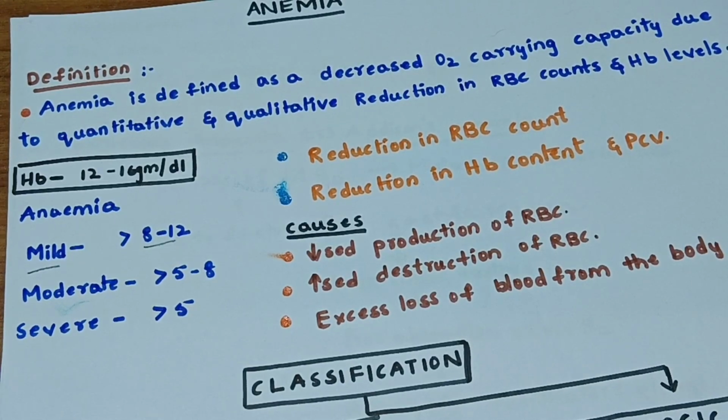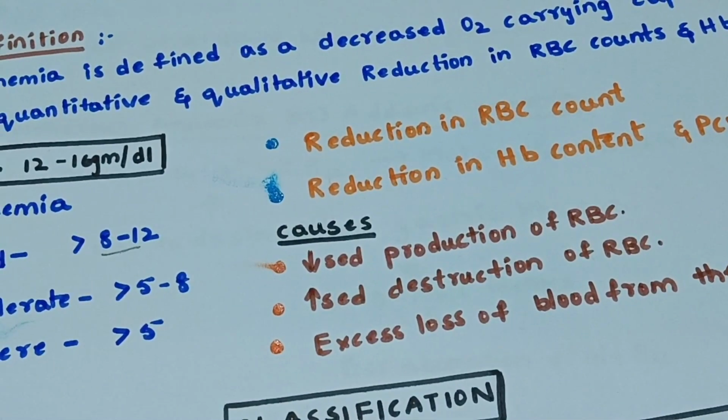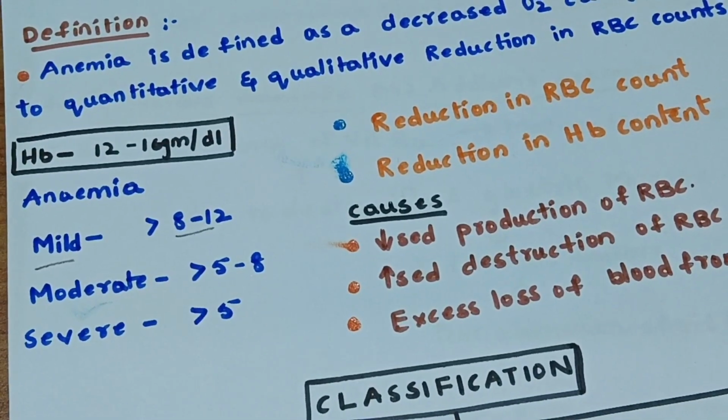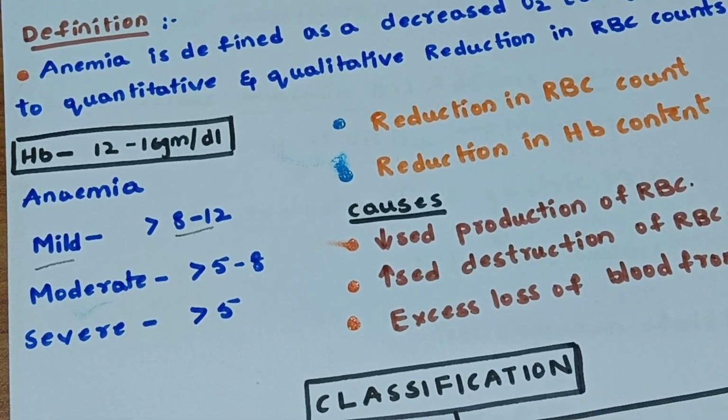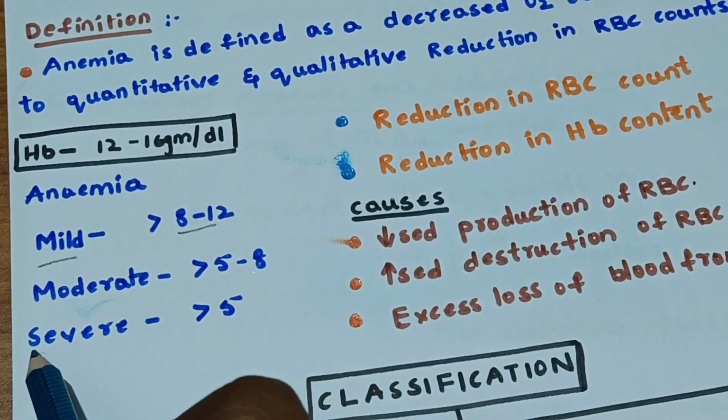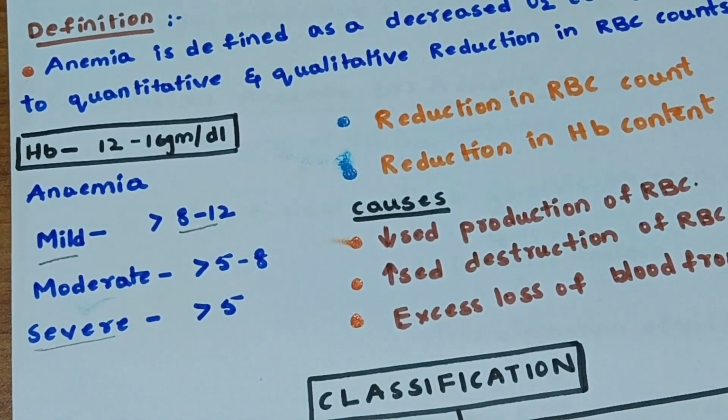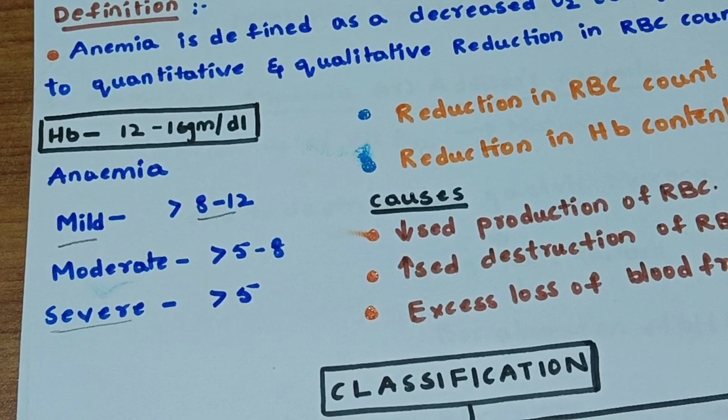If there is less than 5 grams per deciliter, it is considered as a severe anemic condition.